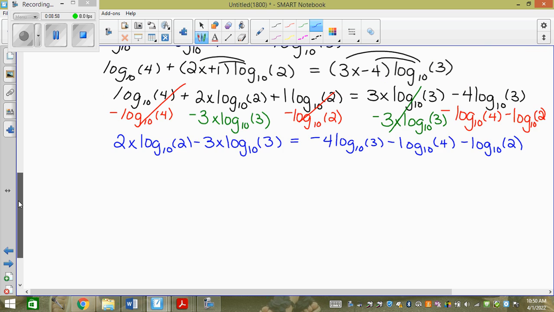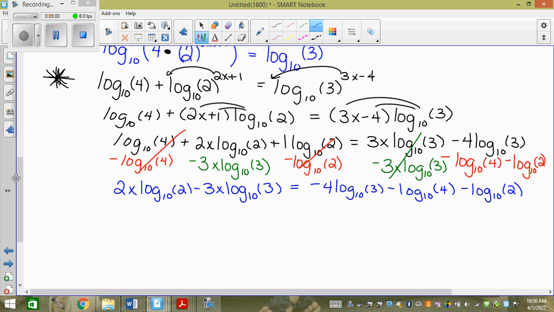Take out a GCF of x. Is there anything different except for step 2? No, step 2 is the only thing different. So you can get past step 2 and you can do the previous question, you can do this question, right? Take out an x. 2 log base 10 of 2 minus 3 log base 10 of 3 equals negative 4 log base 10 of 3.